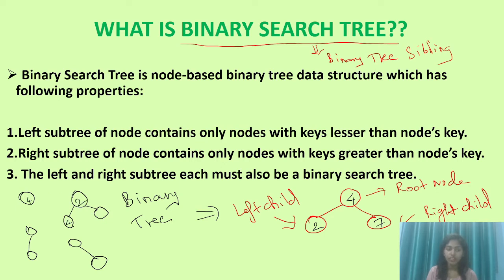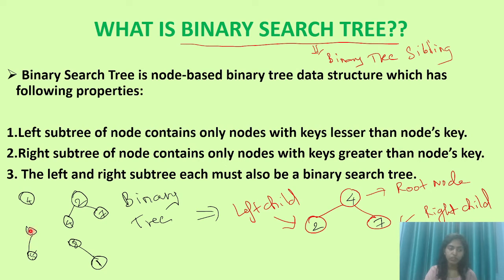I can put like this also, 2 4 7. Then I can take over here 8, I can take over here 1, then here I can take 3, here I can take 5, any values, and you can put them any way you want. Only condition was what? There should be a root node and every root node can have no child, like in this. See, this root node is not having any children, or the root node can have one left child like this.